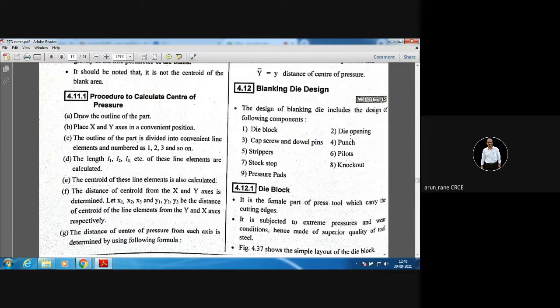Now, what is die opening? Die opening is the clearance when the ram goes to the top. So it is the clearance between the ram and the bed. That is what is called the die opening. So die opening should be sufficient so that your components can be ejected out if you are ejecting the component from the bottom.